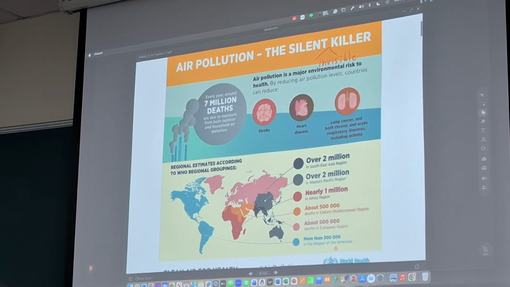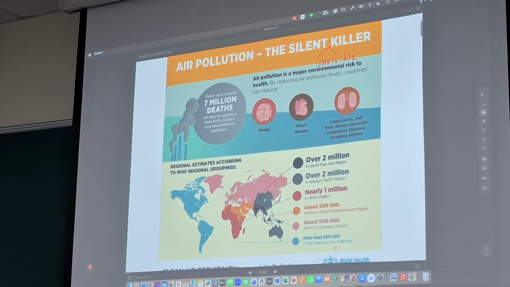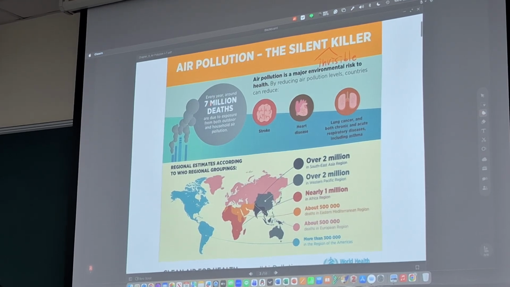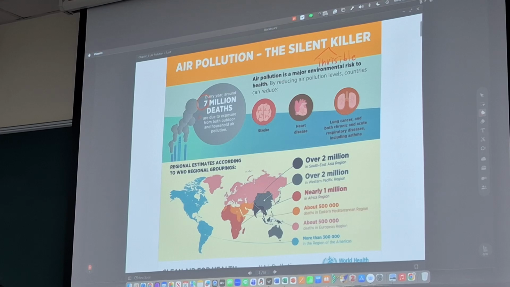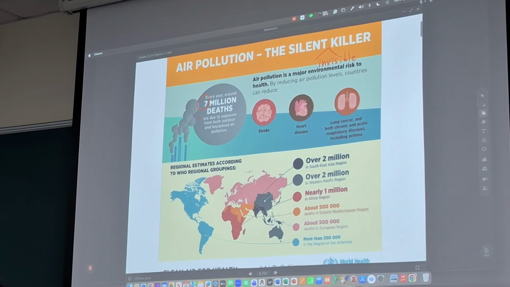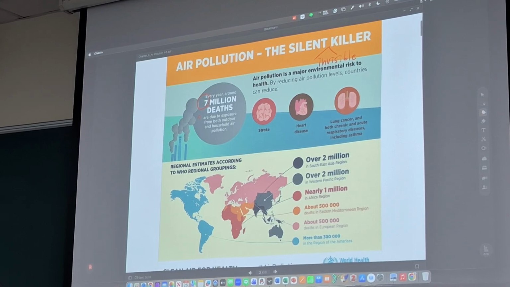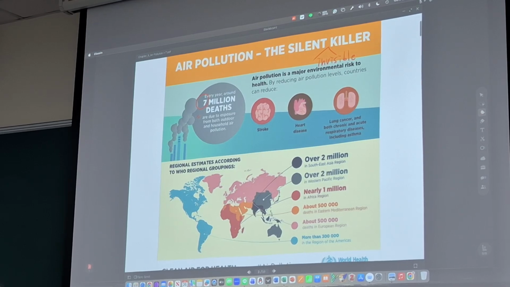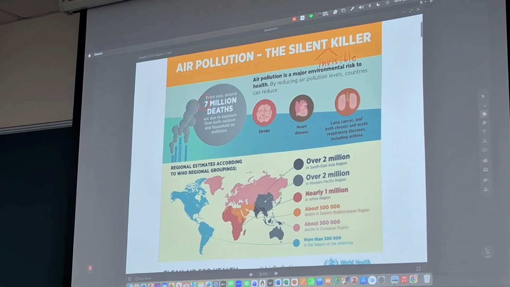Every year about 7 million people die because of air pollution. It's pretty close to the death number of COVID-19.